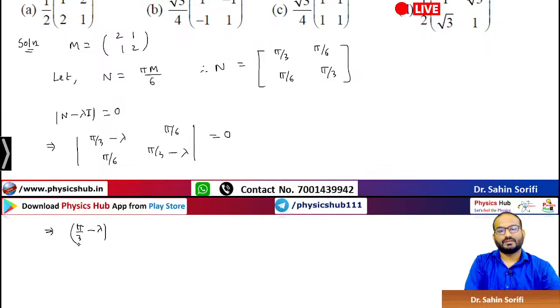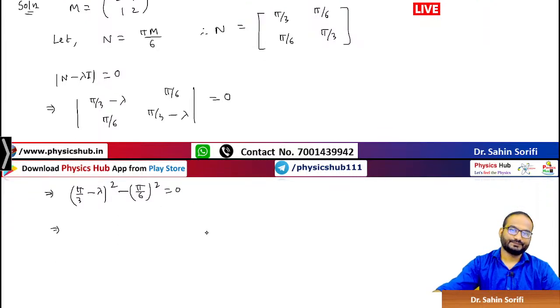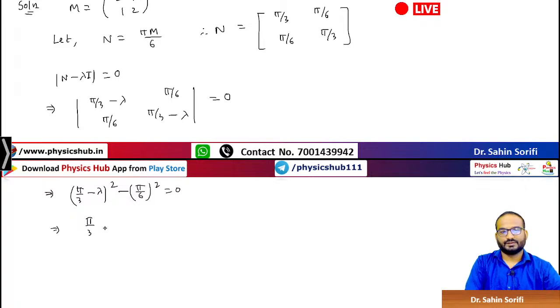Pi by 3 minus lambda whole square minus pi by 6 whole square, this will give you pi by 3 minus lambda plus pi by 6, a square minus b square formula, a plus b, a minus b, and this will give you the two values of lambda. One is pi by 6, another one is pi by 2.